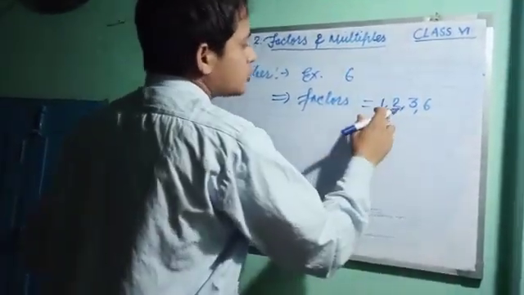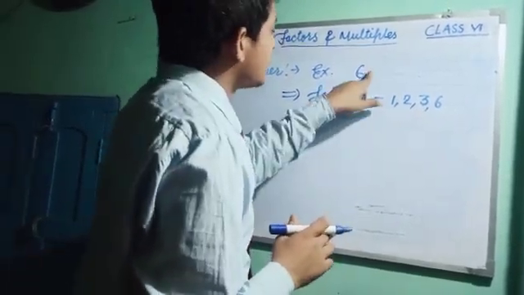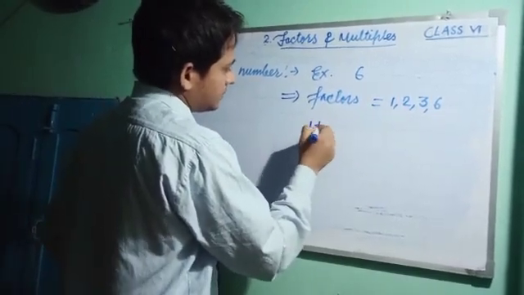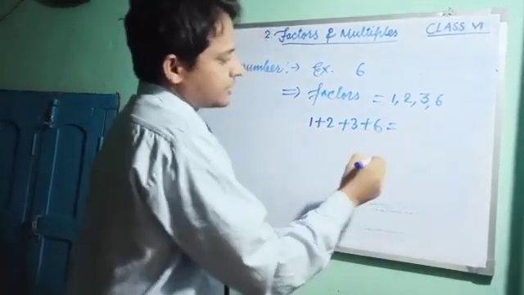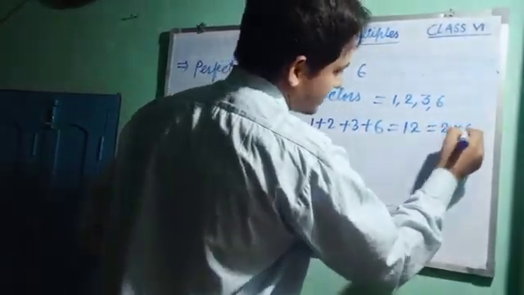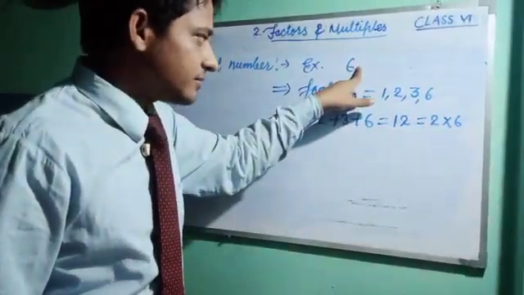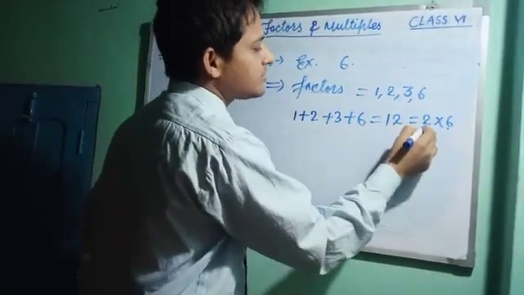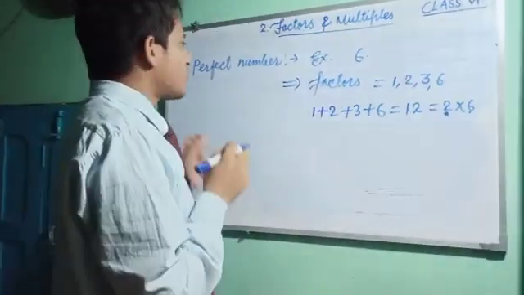So 1, 2, 3 and 6 are the factors of 6. Now take the sum of all the numbers: 1 plus 2 plus 3 plus 6 becomes 12, and 12 can be written as 2 multiplied by 6. That means the sum of all factors of a number is twice the number. So this number 6 is known as a perfect number.